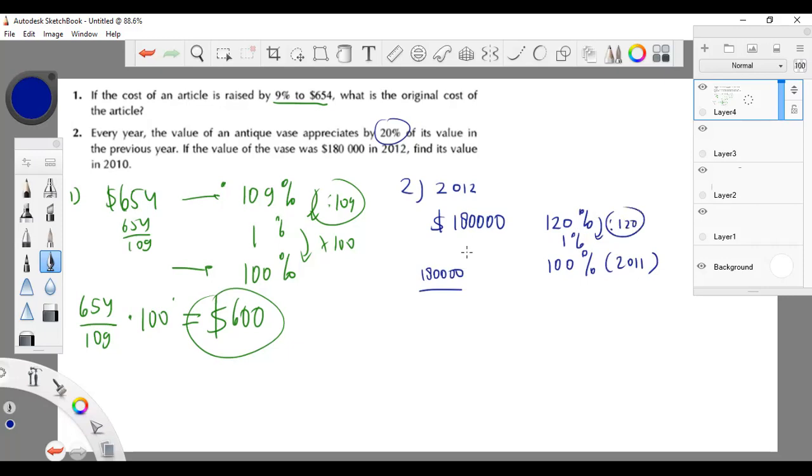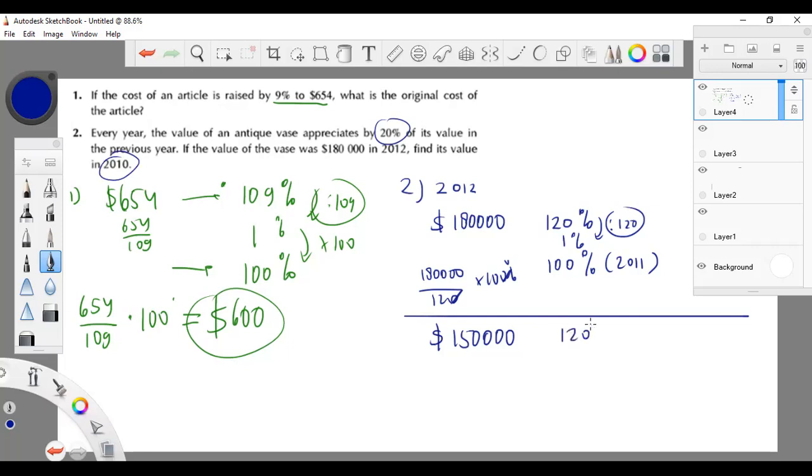And multiply by 100%. This value is, wait, $150,000. This is for 2011. Again, you have to calculate until 2010, the previous year. So this is 2011, and it is 120% again.